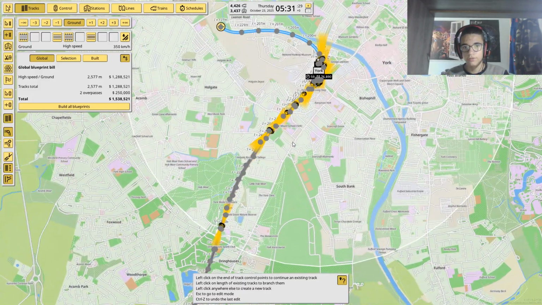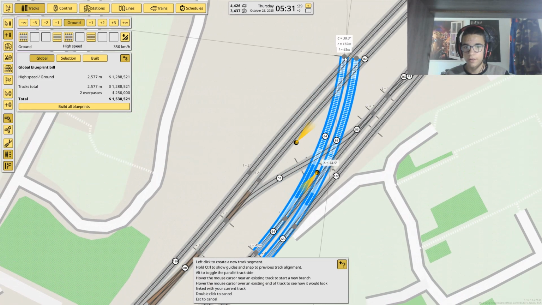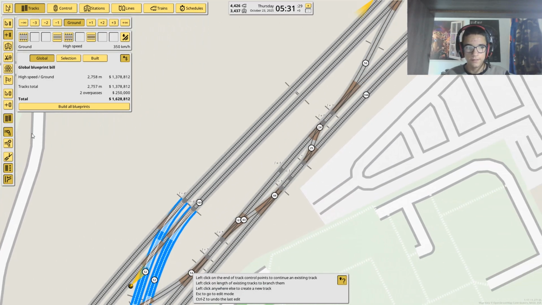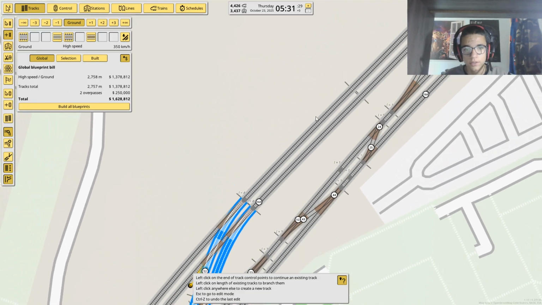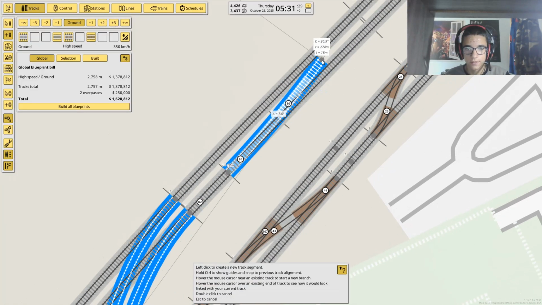So what I'll have to do is add a bit of a crossover junction right there, and another crossover junction there, and then kind of go for it. If it were there, I would have to do it like this first.